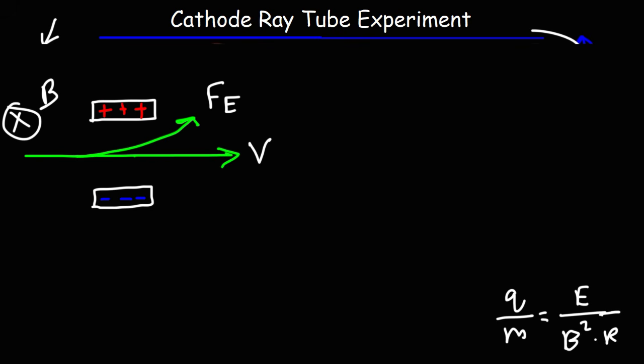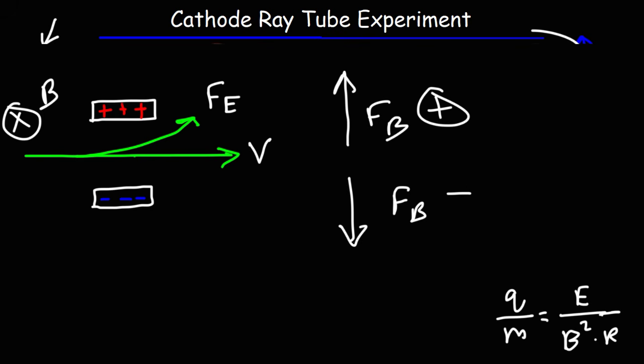So you want your thumb pointing towards the right, your 4 fingers pointing into the page. Your right hand should be opening in the upward direction. The magnetic force will be in the upward direction for a positively charged particle. But for a negatively charged particle, it's going to be in the opposite direction.